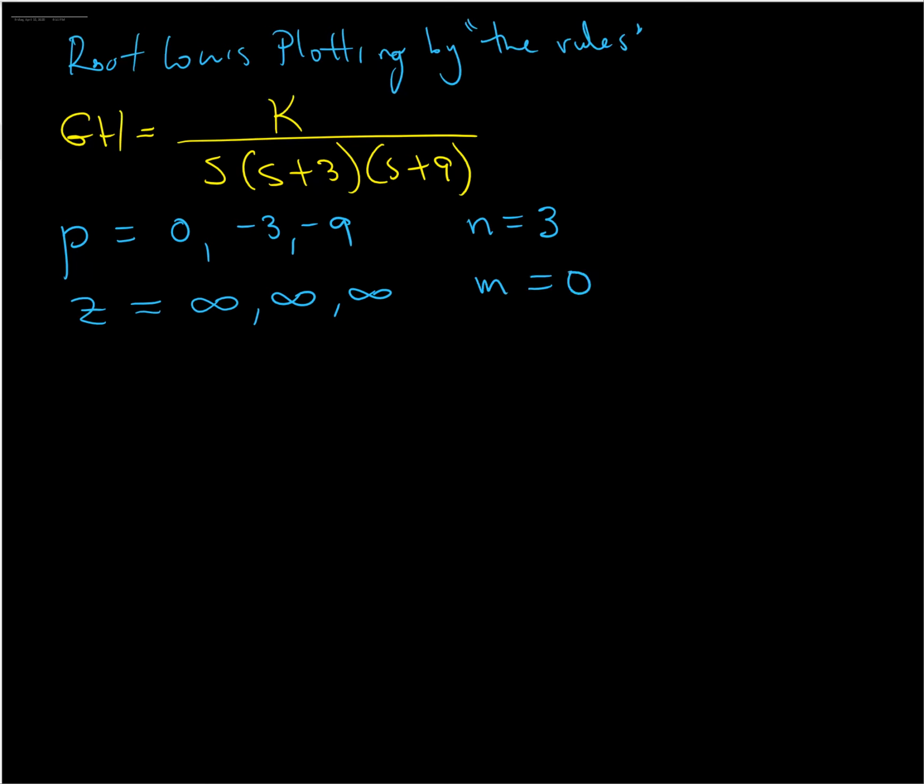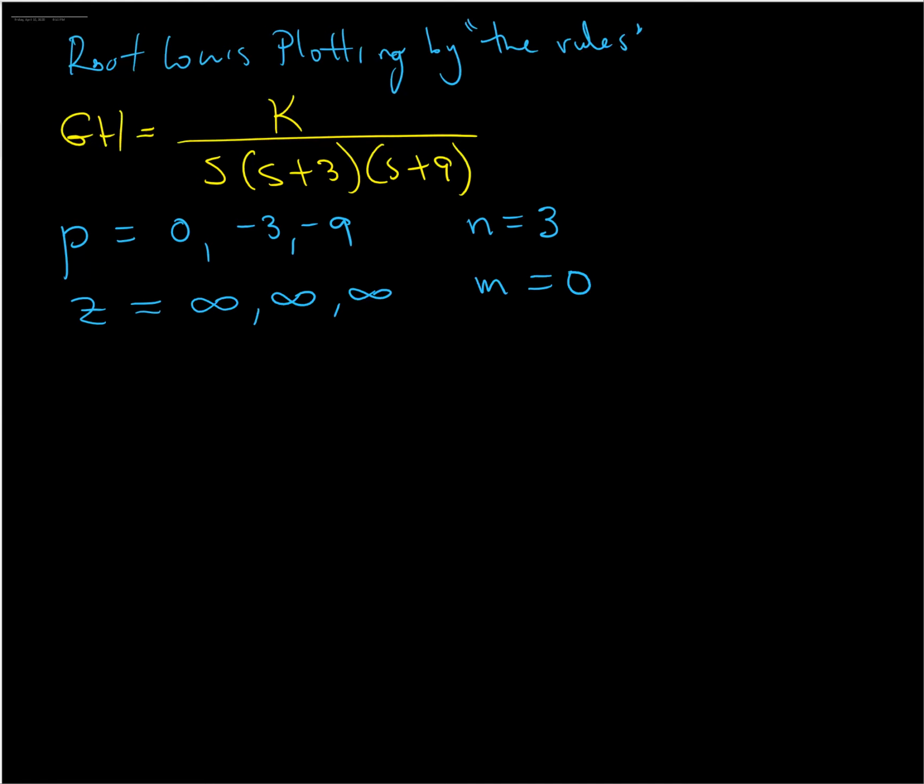So I have 0 explicit zeros, but I do have 3 that are sneaky, and they're at infinity. That's because, as Rule 3 says, there are as many branches as there are open loop poles. The branches start at K equal to 0 at the open loop poles, and they end at K equal to infinity at the open loop zeros. This is why if we don't have an explicit number for Z, they have to be at infinity.